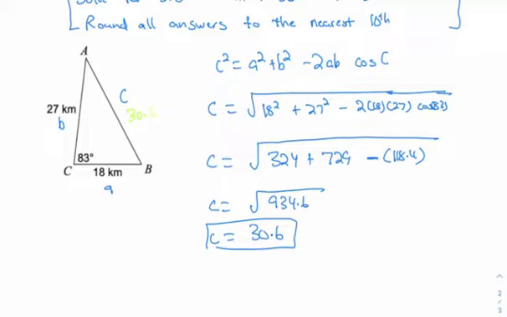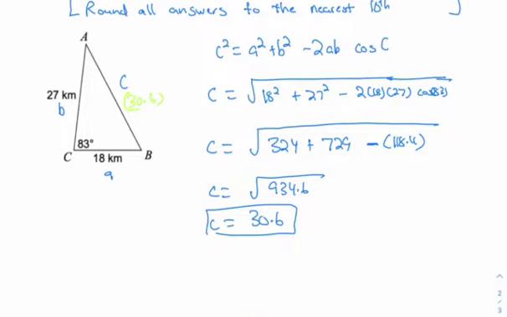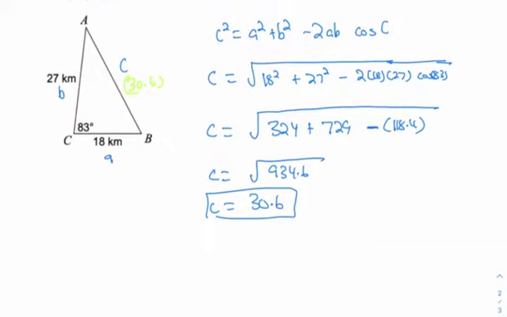30.6. So the next part of this question says to solve for angle A and B. Well, at this point, now that I've got this pair with angle C and side C, I can just use the law of sines.